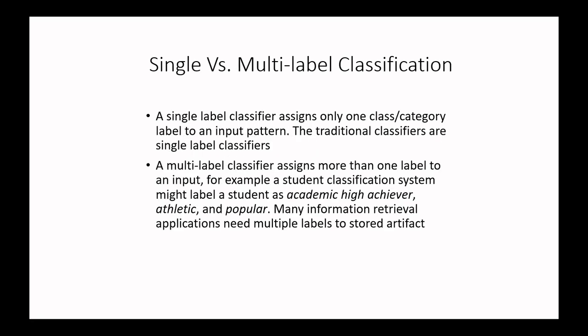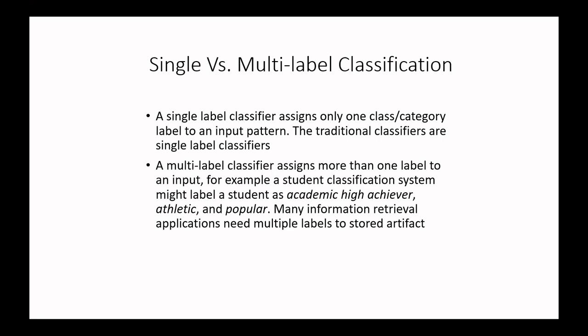There is another interesting variation, which is called single versus multi-label classification. Typically, when you get an input vector and you need to classify it, you will be generating a single class label for that vector.